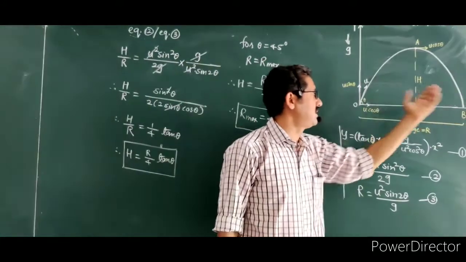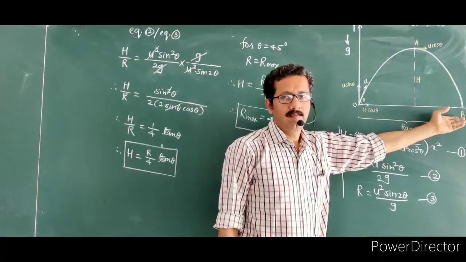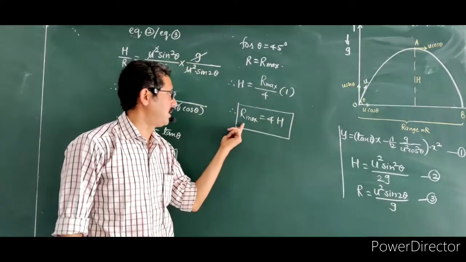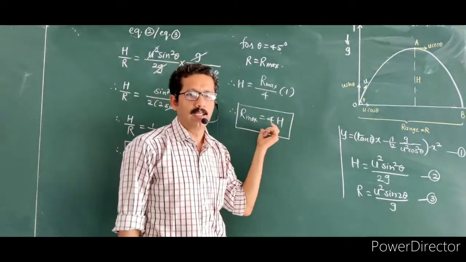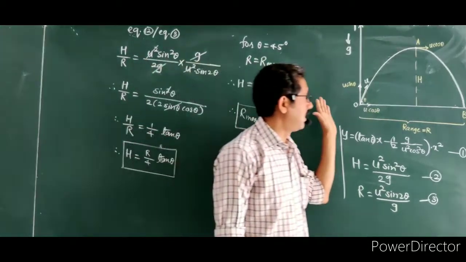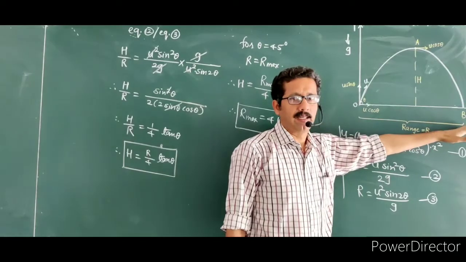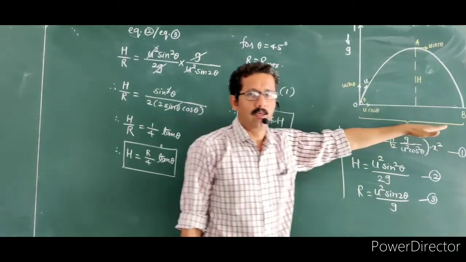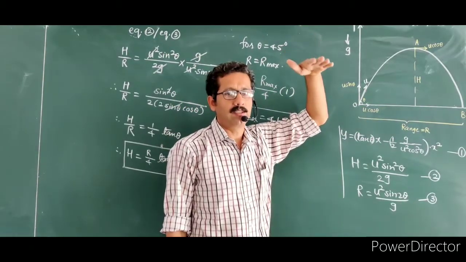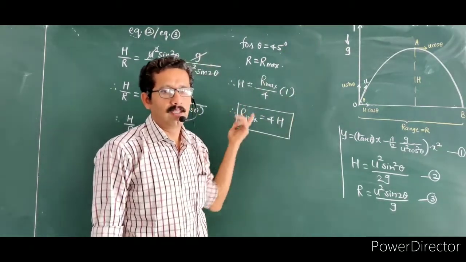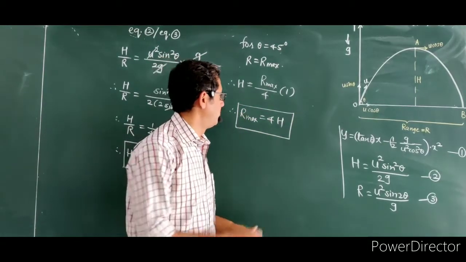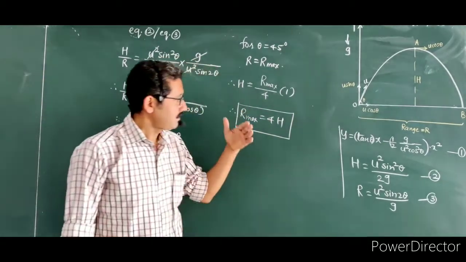If the maximum range is 80 meter, the h value is supposed to be 80 divided by 4, that will give you 20. If the projectile is thrown for a maximum range of 1 kilometer, that is 1000, the maximum height it is supposed to reach is 1000 divided by 4, that's 250 meter. That is the conclusion from this particular equation.